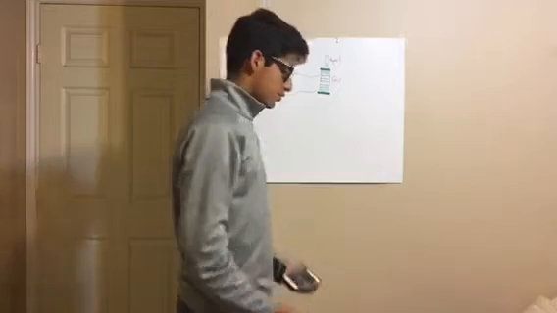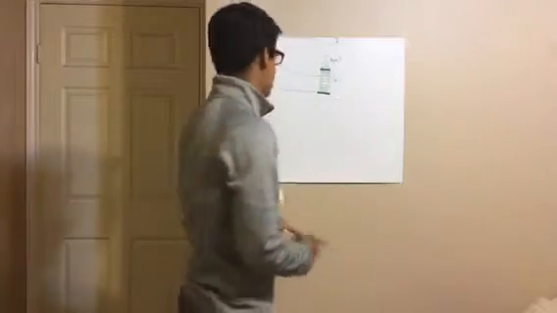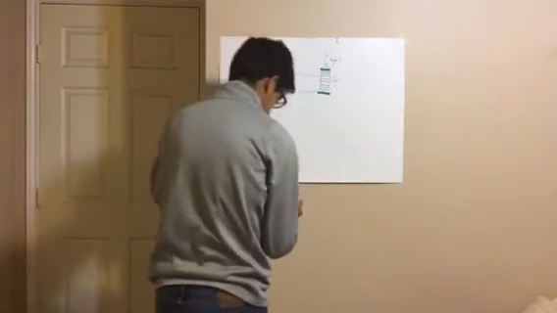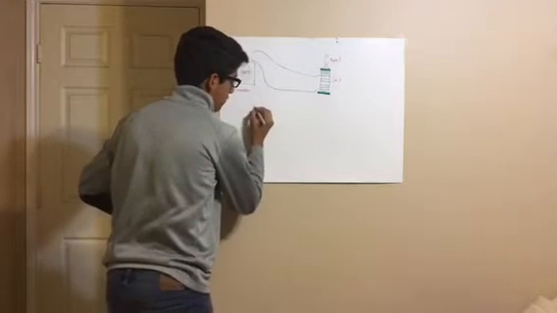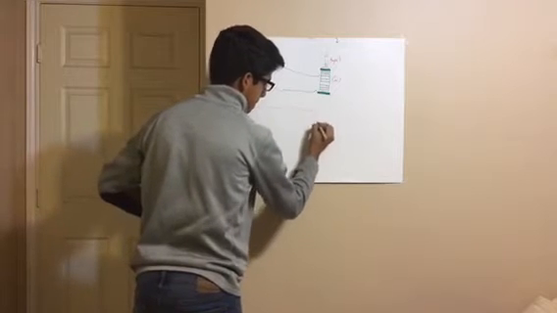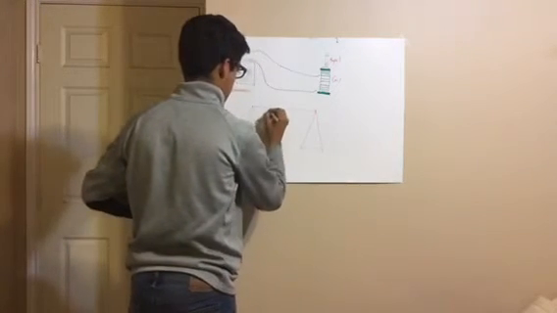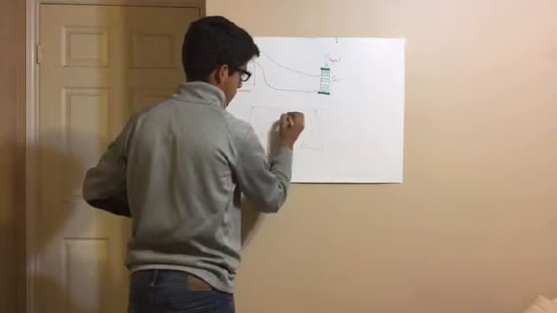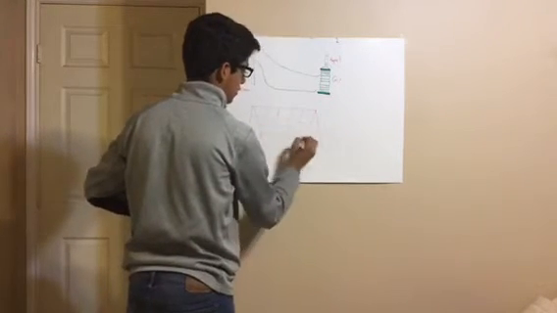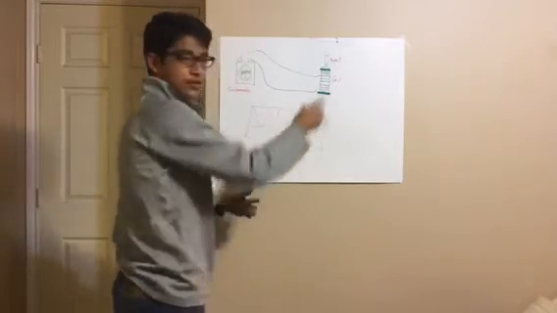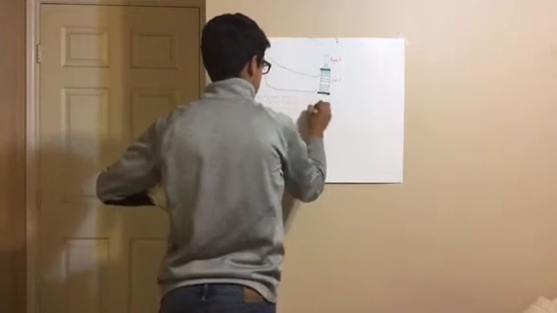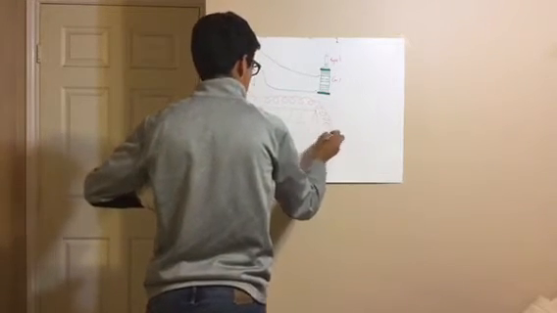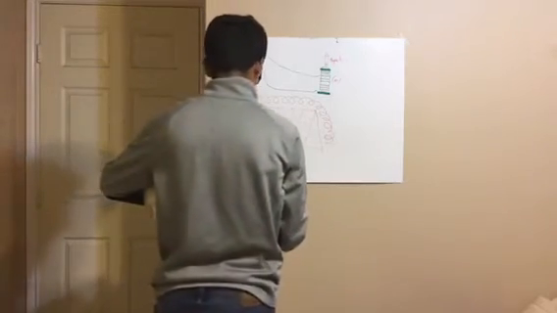Now, how does that tie into goal line technology? Well, let's imagine that this goal right here is acting as the coil, because it has a magnetic field generated.